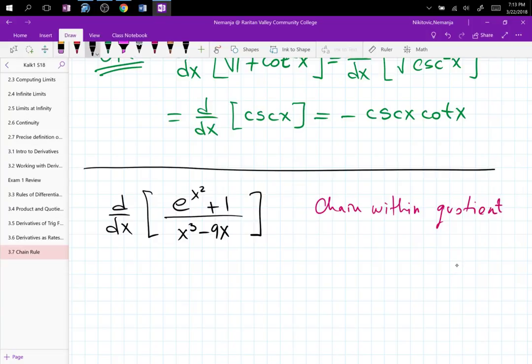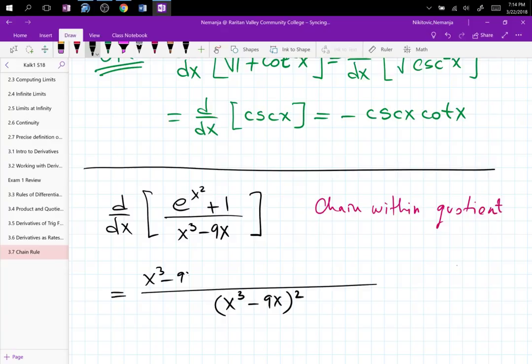All right, we can do this. What's the quotient rule? Take the denominator, copy it and square it. Take the denominator and copy it again. Times the derivative of the numerator, this is where the chain rule kicks in. The derivative of e to the x squared plus 1 is e to the x squared times 2x, a chain.